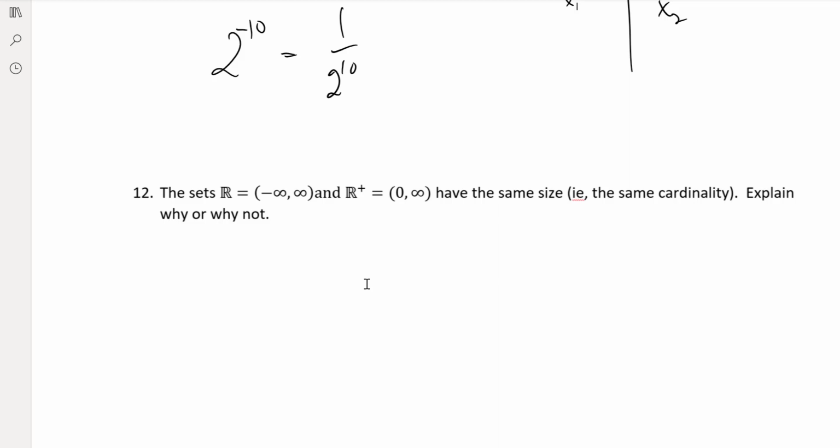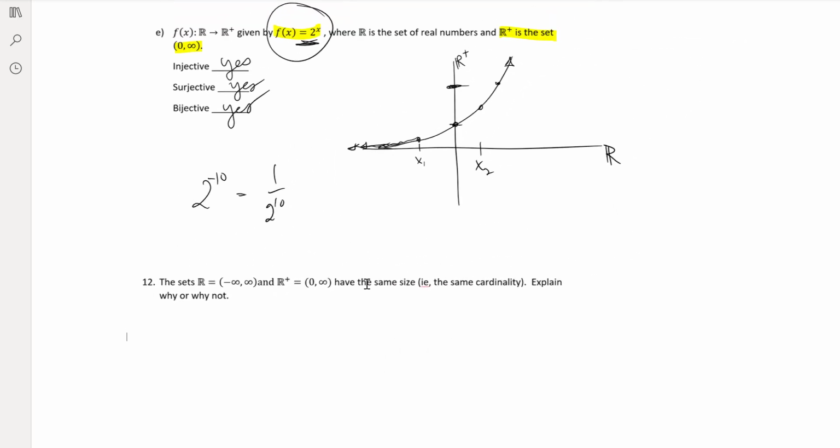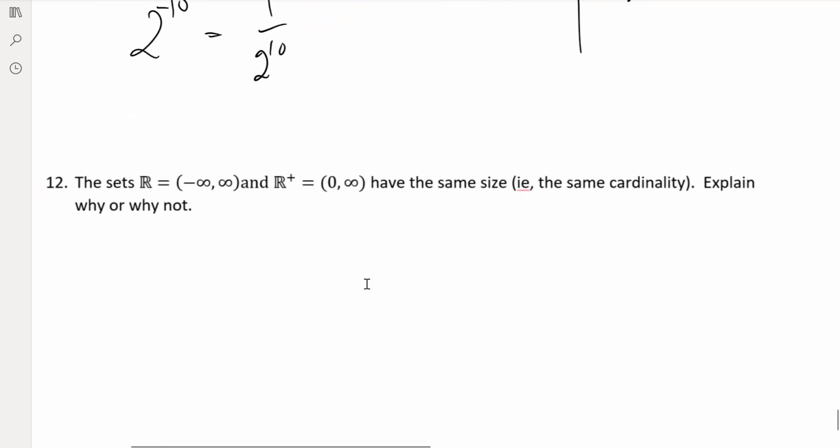Do the real numbers, including every negative and positive, form a set the same size as 0 to infinity? So hopefully, you would say yes because of that part that we just did above. But if you just got right to this question, it's perfectly understandable somebody would think, wait, you're talking about every number from minus infinity to positive infinity, and then you're looking at just the set from 0 to infinity.